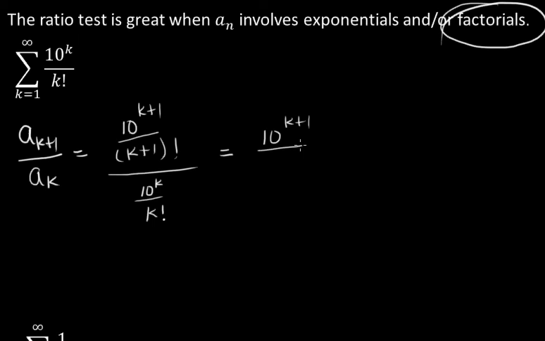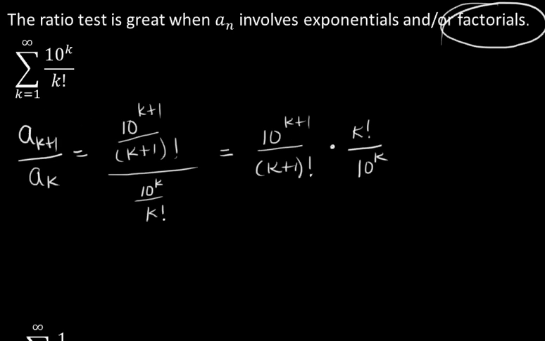So this is 10 to the k plus 1 over k plus 1 factorial, and invert and multiply by the fraction in the denominator, k factorial over 10 to the k.